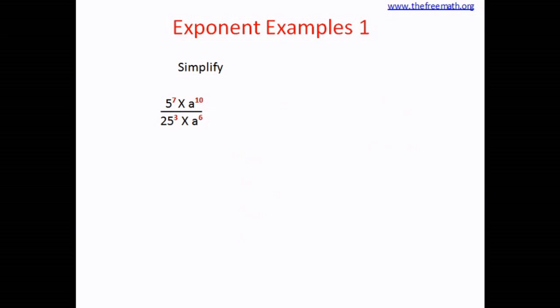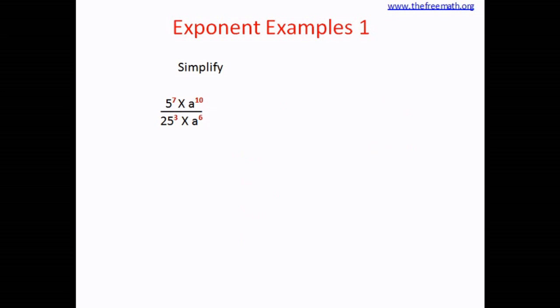5 to the power of 7 multiplied by a to the power of 10 divided by 25 cubed multiplied by a to the power of 6. Again, if you look at the numerator and the denominator, the bases in the numerator are 5 and a, and the bases in the denominator are 25 and a.